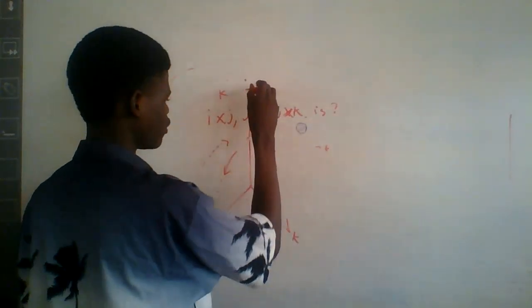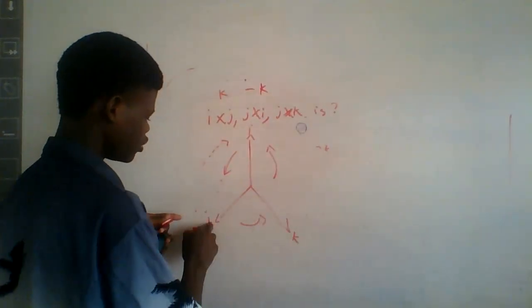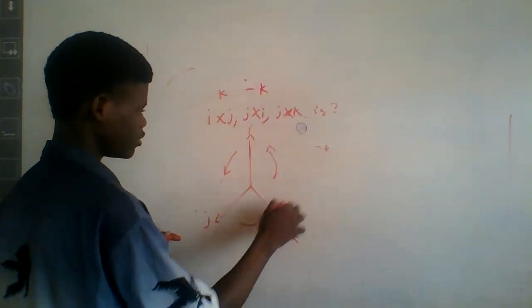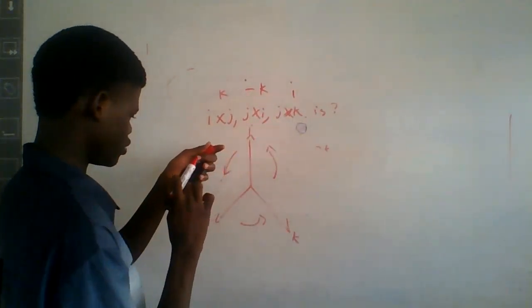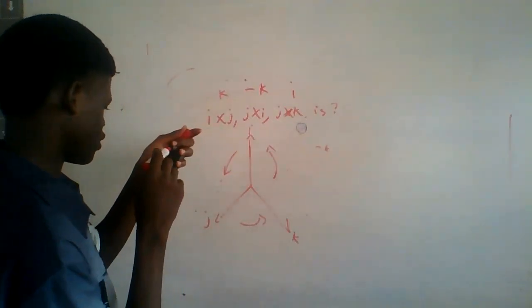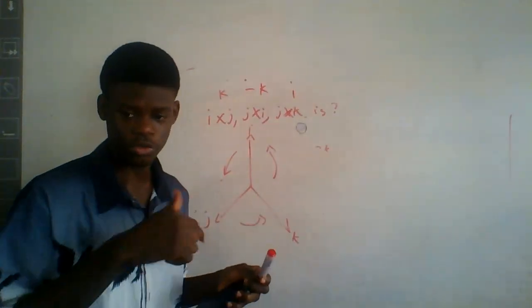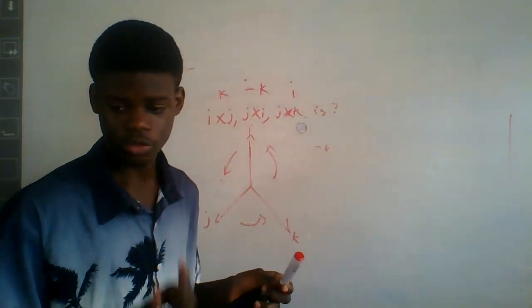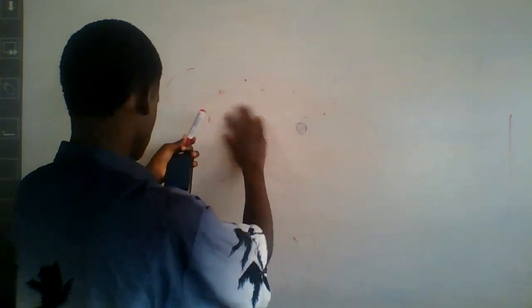J cross K is following the circle, so it will be I. So the correct option there is K, minus K, I, which is option D. The questions are below the description of this video, so you can follow along.